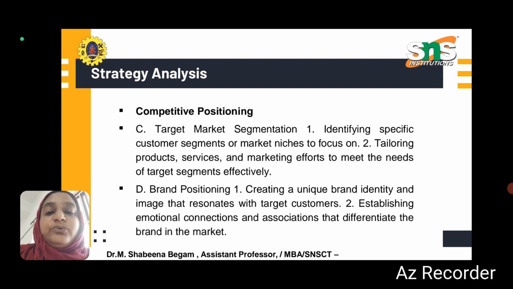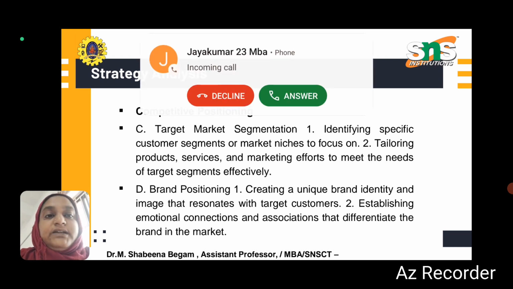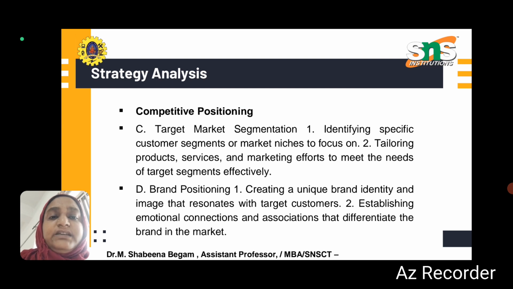Then target market. Who is your target market? It could be small children, 0 to 6 years. They have chalk course and everything, and you get the advertisement during the kids' time. Then the next category comes, the adolescent stage, then the youth stage, then the old stage where they eat cornflakes, muesli, everything.